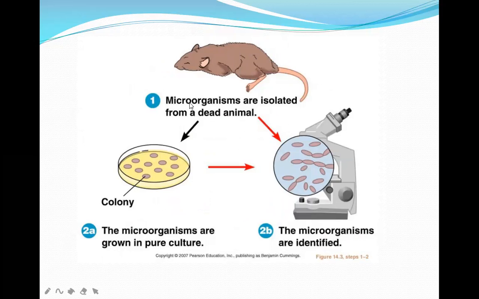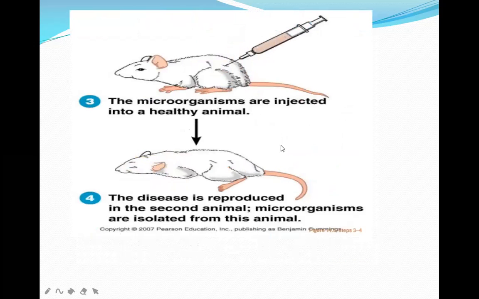These microorganisms are isolated from the dead animals, and they are grown in artificial media, nutrient agar or PDA. These microorganisms are grown in pure culture and they are identified.